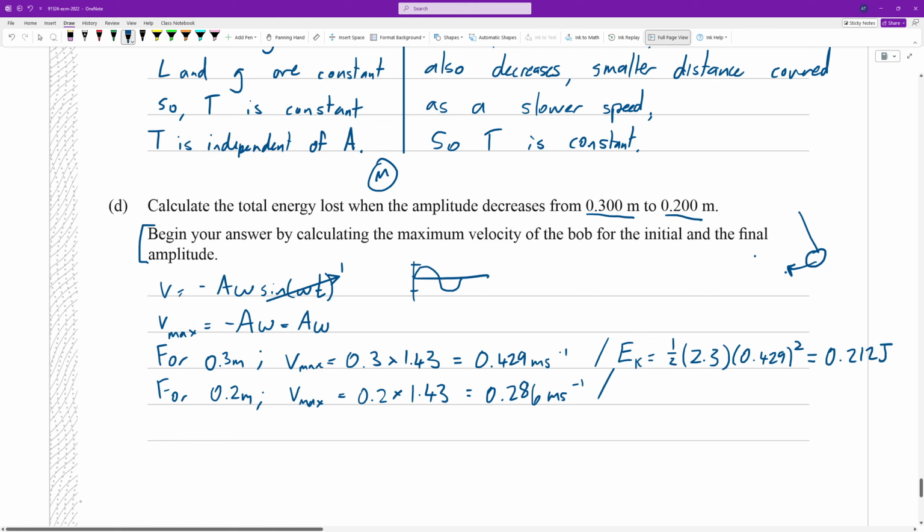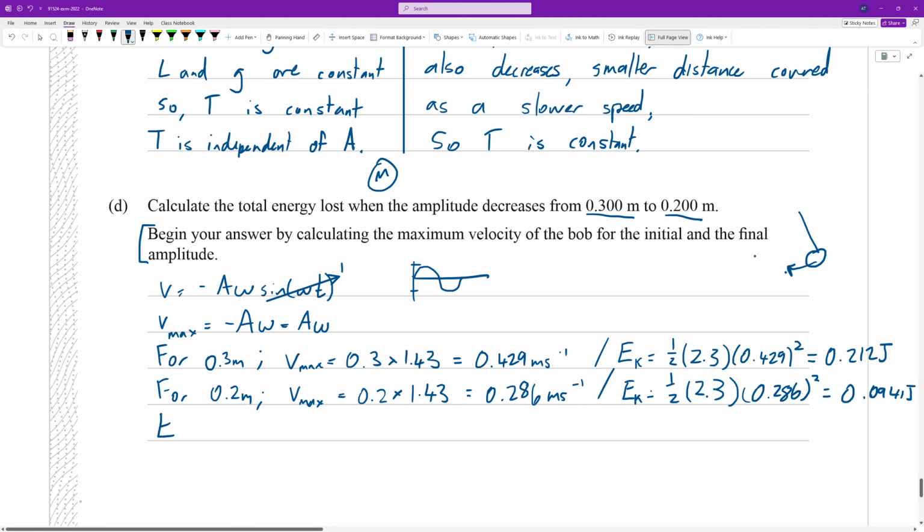And then for the 0.2 meters, half times the same mass. Mass hasn't changed, but the maximum speed has changed. 0.286 squared, giving 0.0941 joules. And so notice the maximum kinetic energy has dropped, and that drop in kinetic energy corresponds to the energy lost, due to heat.